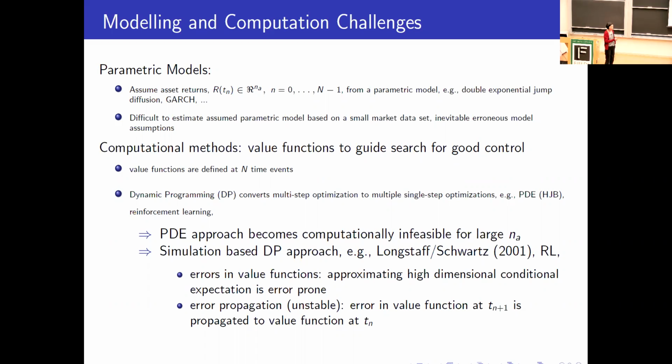And so, typically, dynamic programming is a very popular computational technique used to help us find the optimal decision, because it basically decomposes the sequential 30-year decision problem into one time step at a time, right? That's the idea of dynamic programming: it converts multi-step optimization into a single-step optimization problem.